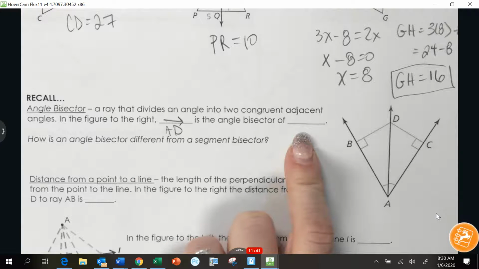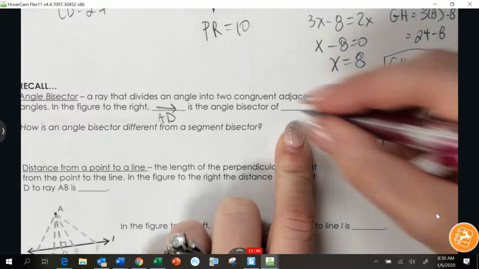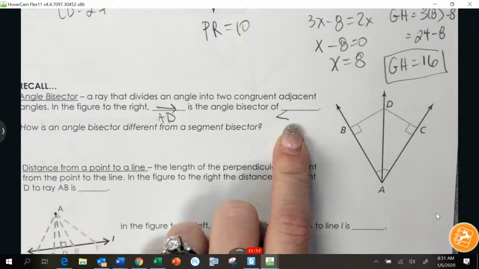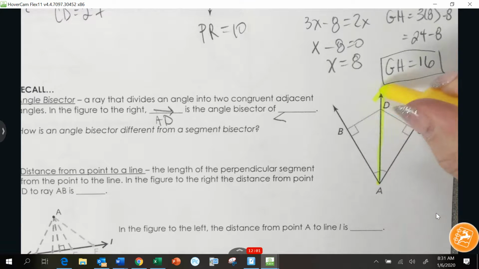And it's bisecting which angle? Jesse. Okay, hold on. I'm going to draw something. So this is cutting what angle in half?